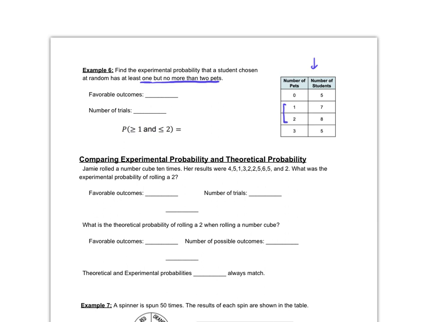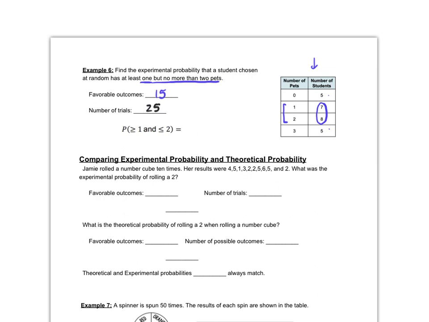The number of students with 1 or 2 pets is going to be right here, which is 7 plus 8, which is 15. So the number of favorable outcomes is 15. Now, the number of trials is simply how many students do we have to choose from randomly? That would be 15 plus 10, which is 25.